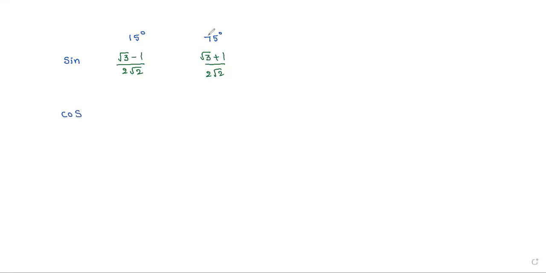Cos 15 degree is root 3 plus 1 by 2 root 2. Cos 75 degree is root 3 minus 1 by 2 root 2. Next, tan is sin by cos, root 3 minus 1 by root 3 plus 1. Rationalizing it gives the answer, simply 2 minus root 3.